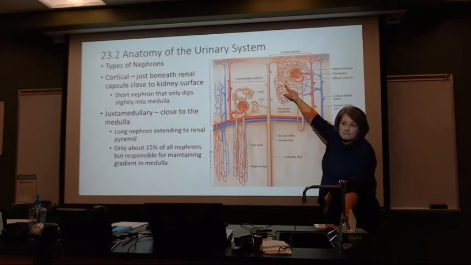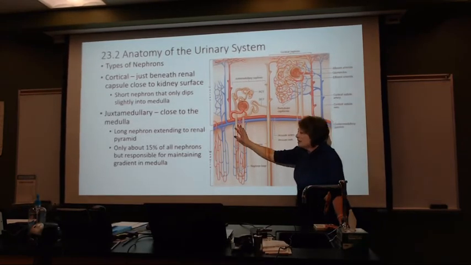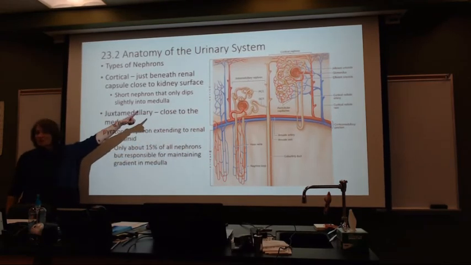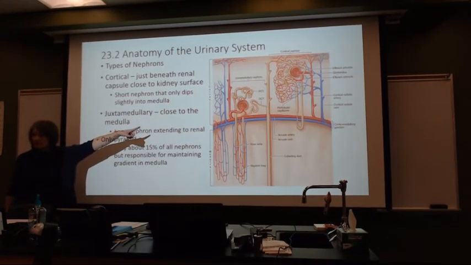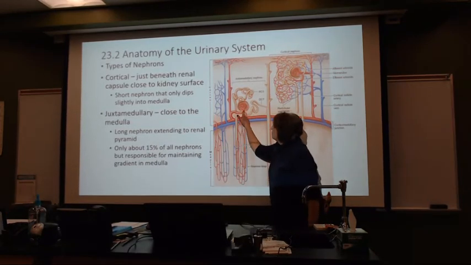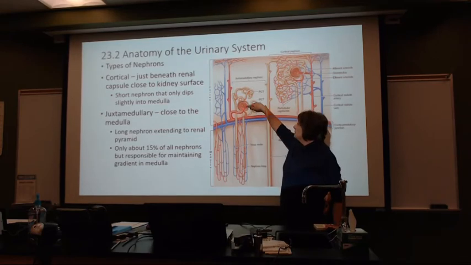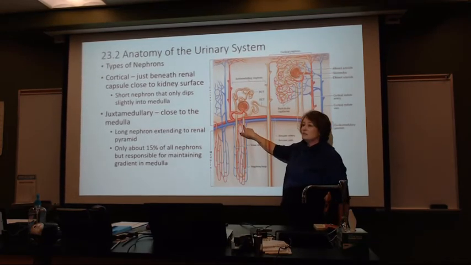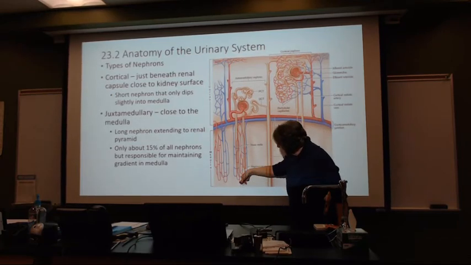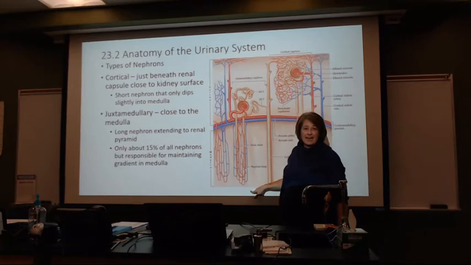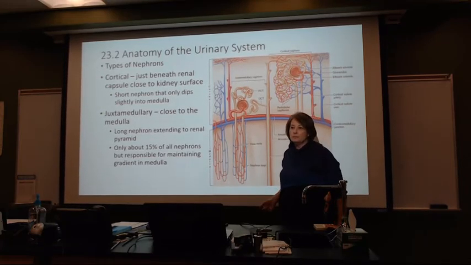Does everybody see that? Over here on the juxtamedullary, juxta meaning across, the glomerulus portion is in my cortex, but the tubes dip very far down into that pyramid, i.e. the part of the medulla.